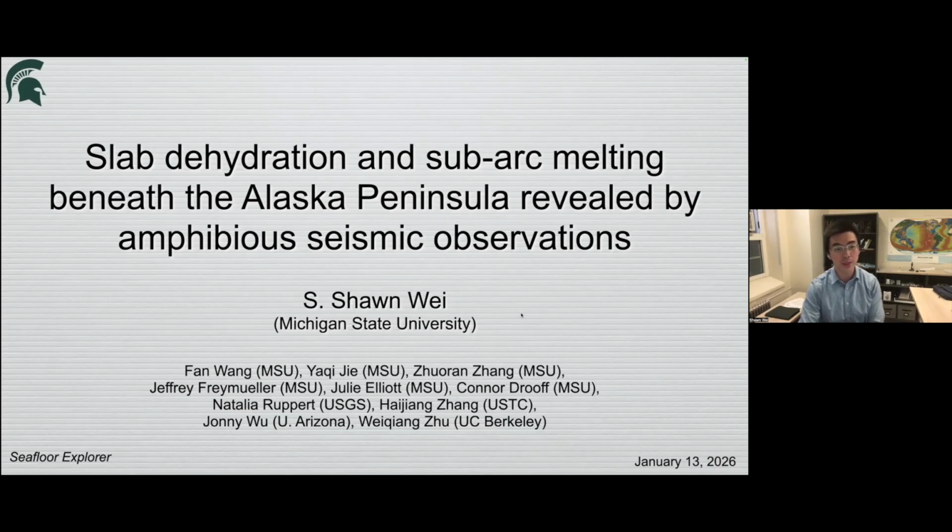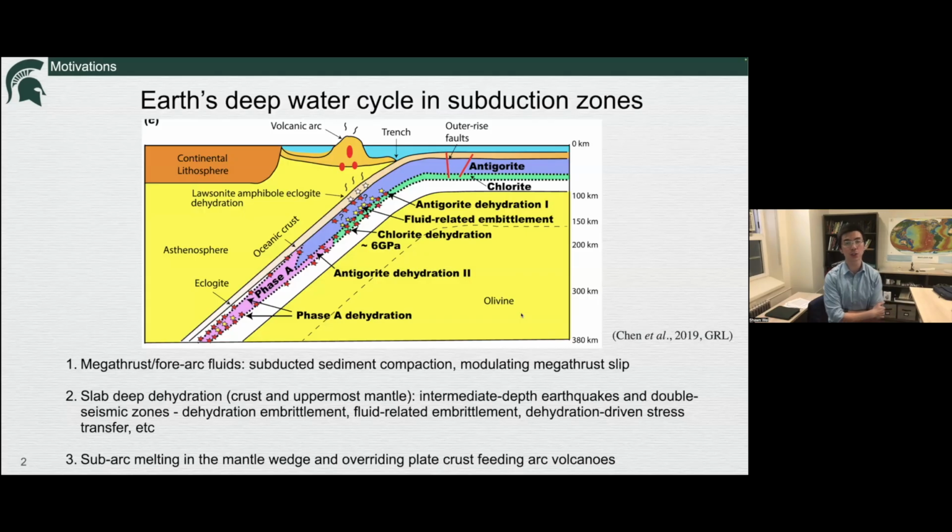I want to start with this cartoon, and I believe you have seen some similar cartoons many times. It's about the Earth's deep water cycle in subduction zones. The general idea is that the downgoing plate, which we call the slab after it's subducted, gets hydrated near the outer rise in the form of hydrous minerals or even just pore fluids.